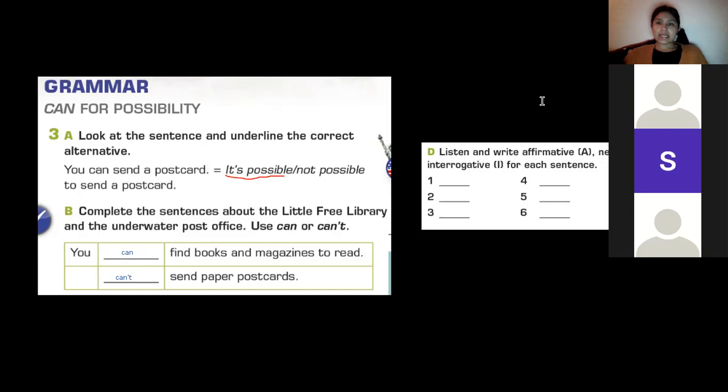Okay, now here it says, listen and write A for affirmative, N for negative, or I for interrogative for each of the sentences. I'm gonna play a recording. Les voy a mostrar un audio. Es cortito. So the only thing you have to do is try to listen and get the sense of the sentence. If it is an affirmative sentence, a negative sentence, or an interrogative sentence, okay? So I'm gonna open the track so you can listen to it.